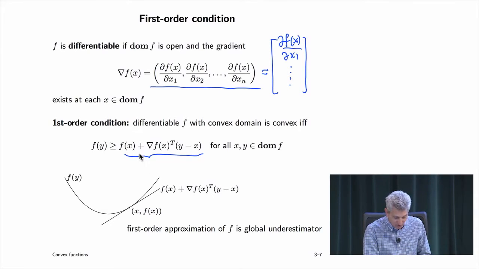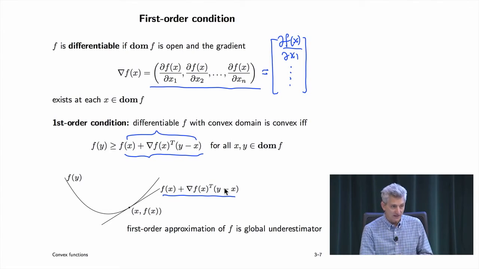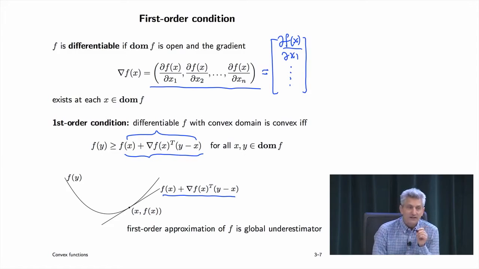That's an affine function of y. It's the first order Taylor expansion of f at x. So if this is f, here is this first order Taylor expansion, as a function of y. And here's what calculus tells you.